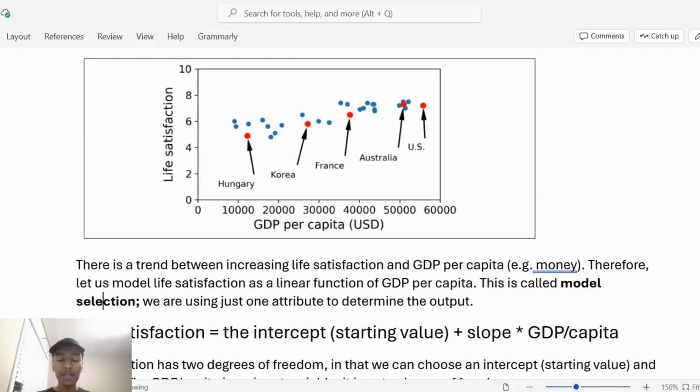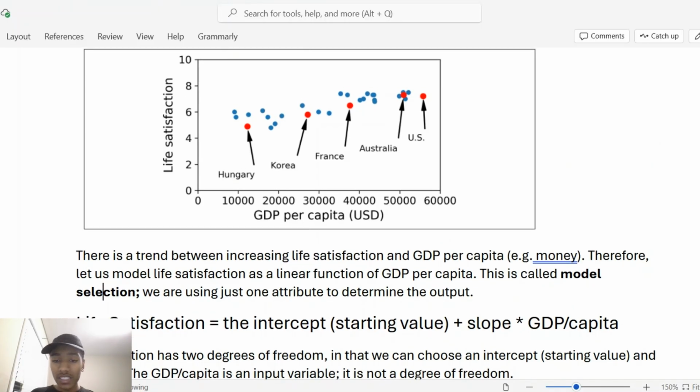GDP divided by capita is not going to be equally distributed to every single person in the country. But this is just a very generic model that we're creating here. But we see here that it's equal to the intercept, the starting value, plus the slope times the GDP per capita.